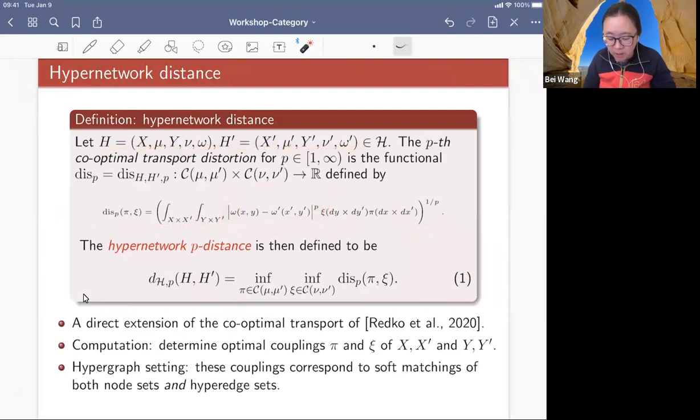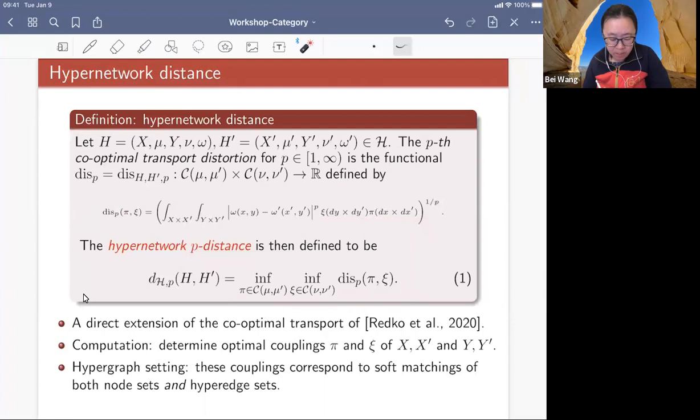What's interesting here is you're looking at the coupling between nodes and the coupling between hyperedges. The hypernetwork distance looks at the optimal coupling between the nodes and the optimal coupling between the hyperedges that reduces the distortion. So this is actually a direct extension of the co-optimal transport framework.